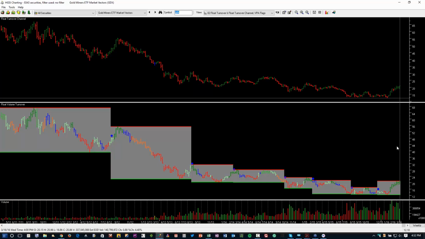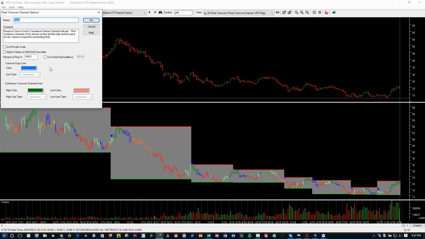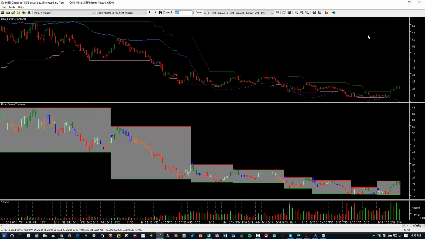And obviously the continuous channel with the blue lines, and the highs and lows, you can start to see visual patterns to the price and how the volume and the price move together in these periods of turnover. There you go.